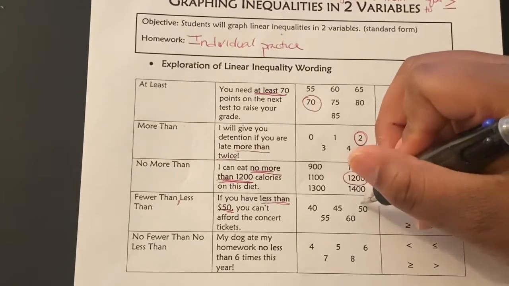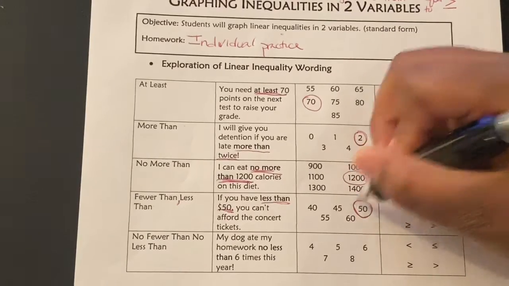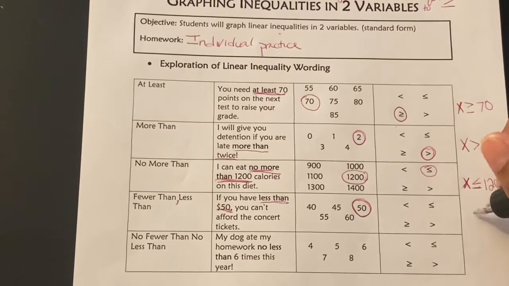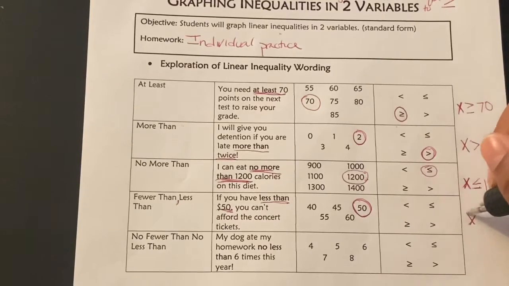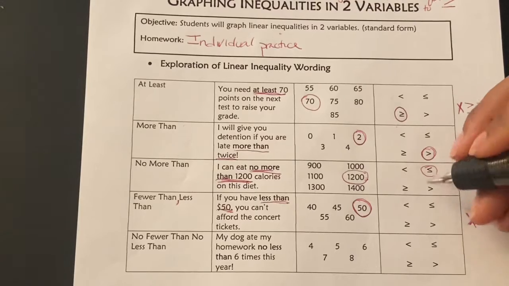If you have anything less than 50, you can't go to the concert. Can you have $50? Yes, you can have $50. But if you have anything less than that, you cannot go to the concert.